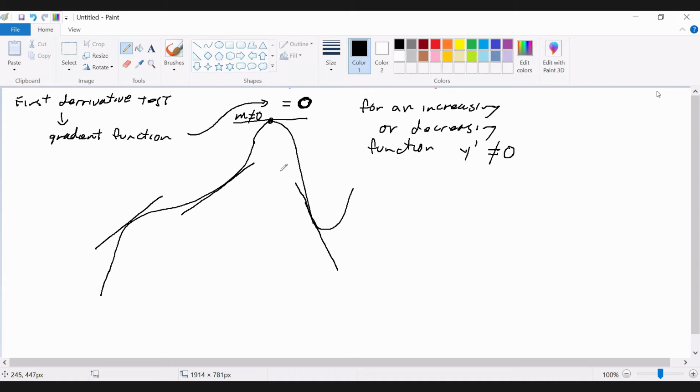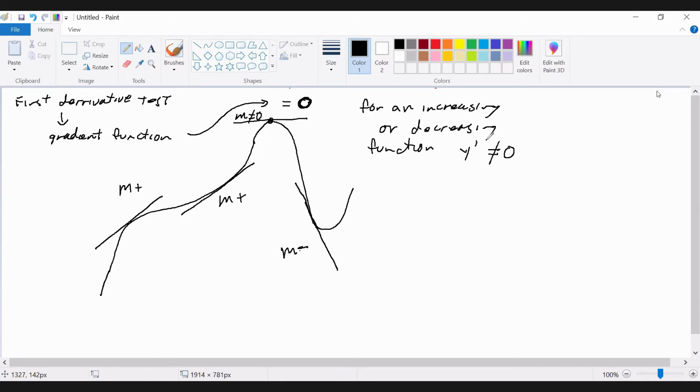M here is negative, right? Can you follow? Yes, teacher. So the sign of the gradient is actually going to tell us if it is an increasing or decreasing function.